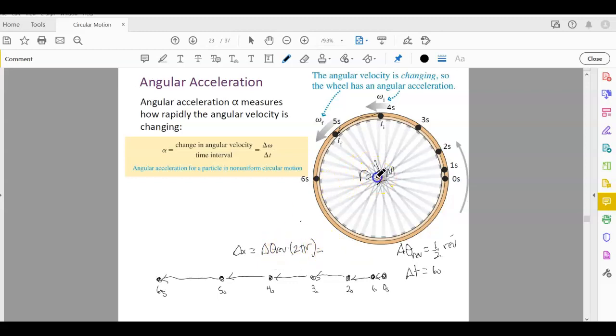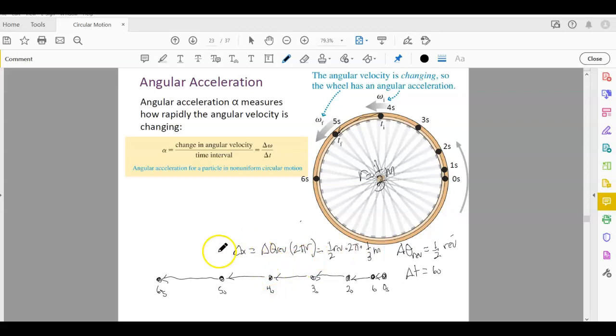Actually, let's do a third meter. Let's say the radius is a third meter. Well, then the distance it rolls is going to be a half revolution times 2 times pi times a radius of 1/3 of a meter.